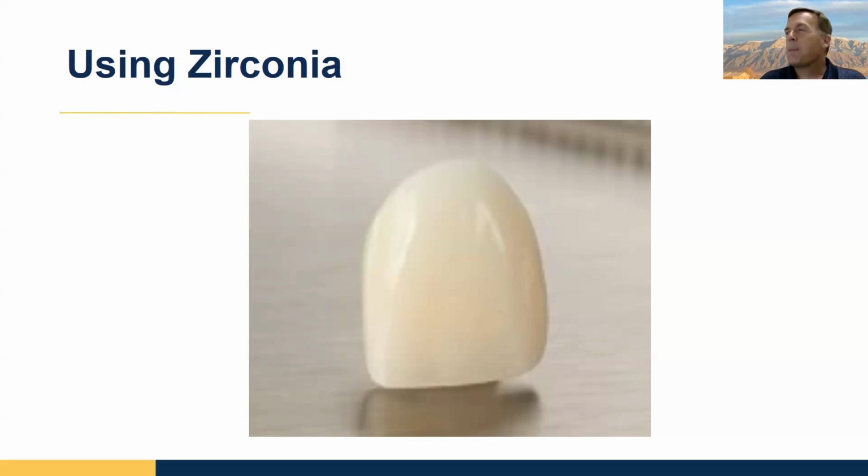Because it's not only what your lab thinks about it, but how they look in your practice. So it's really good to have an idea of, hey, when I order the high translucent anterior zirconia, I really like it for this. I don't like it as much for that.